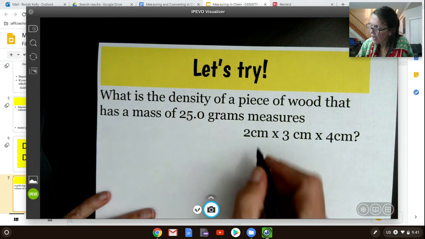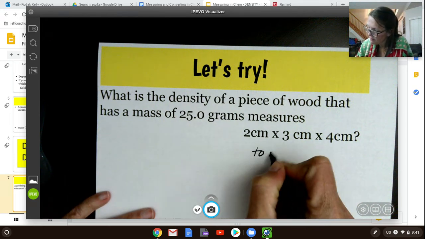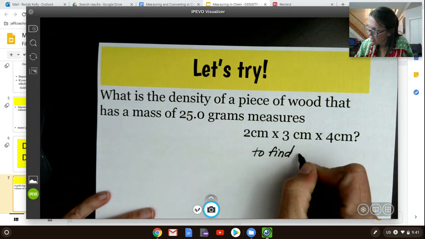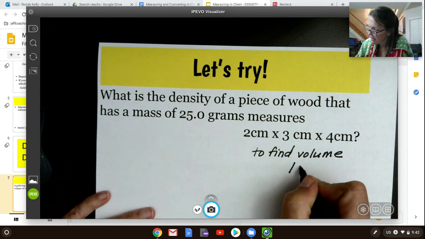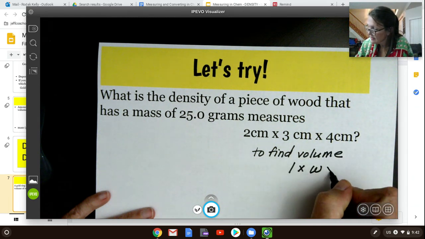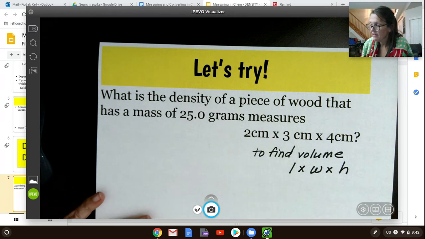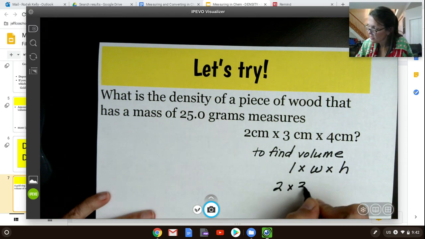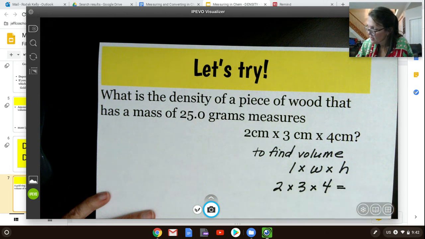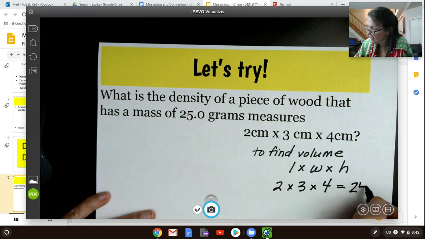So in order to find volume, you can take the length times the width times the height. So we're going to do 2 times 3 times 4, which will give us 24.